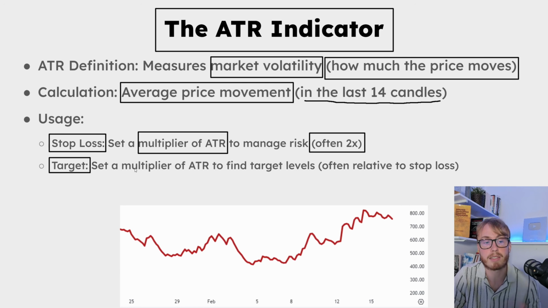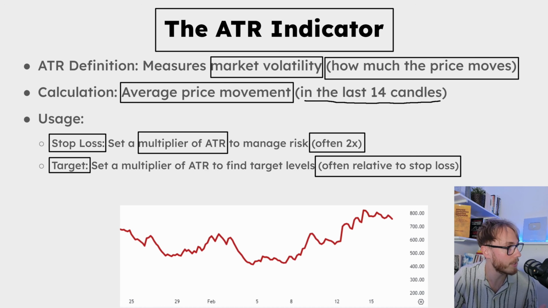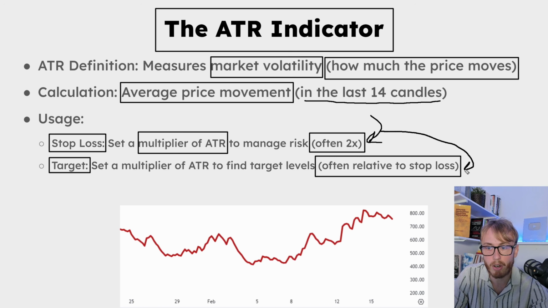And once again, you can set a multiplier of the ATR to find your target levels. And this is often relative to the stop loss. So many times, what I mean by this is many times you base the stop loss based on the ATR, and then you base the target based on the actual stop loss.